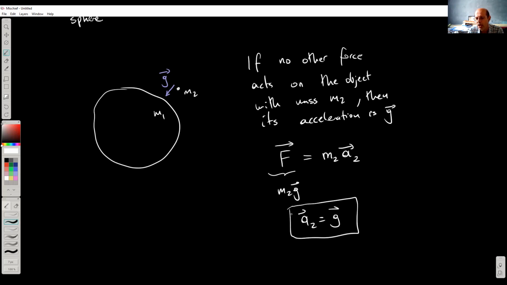So all objects at that location have the same acceleration independent of their masses. That's something we stated in chapter 2, when we talked about free fall motion.